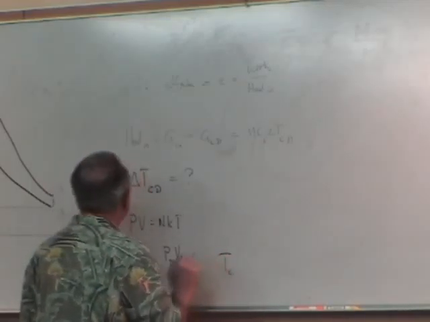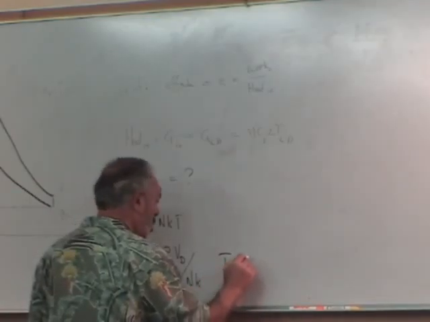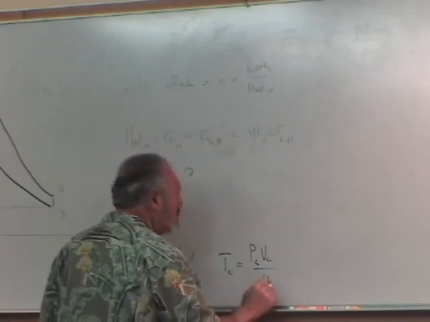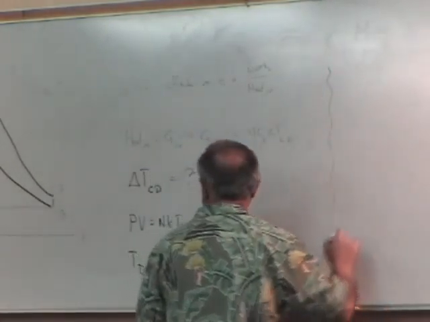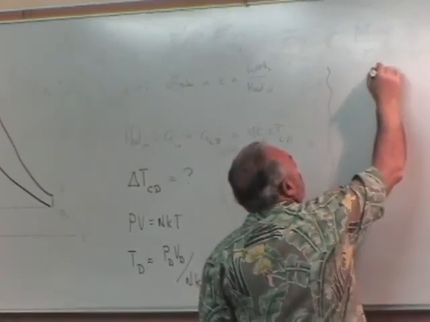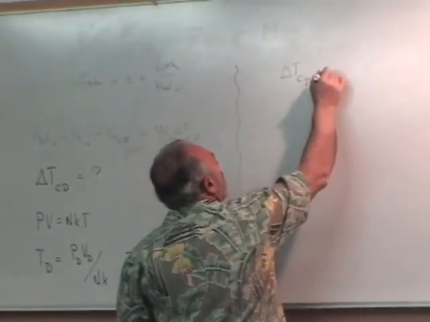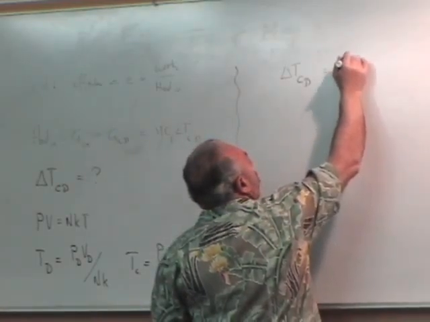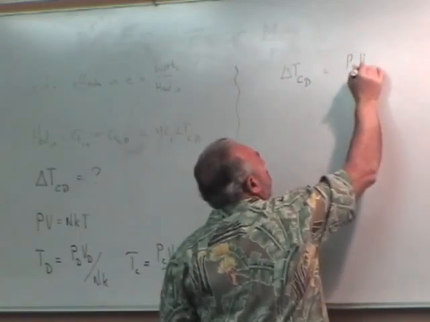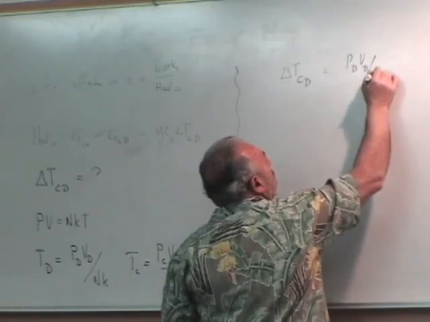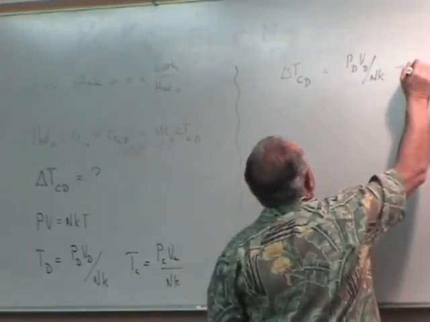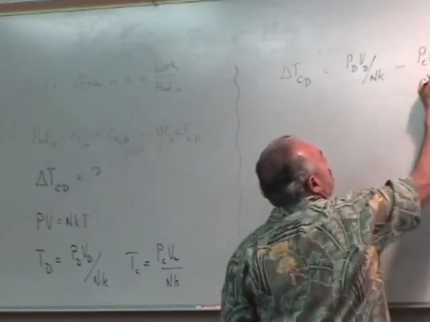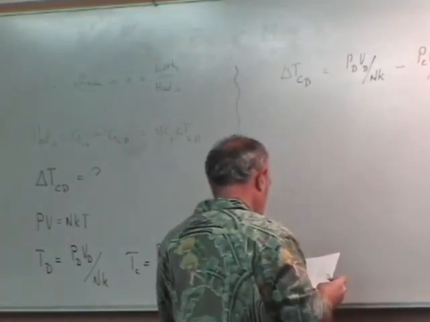Obviously, then, T at C is going to equal PCVC divided by NK. So now we've got it. We've got that delta T CD is the higher temperature, the final temperature, which is PDVD divided by NK, minus the lower temperature, which is PCVC divided by NK, like that.